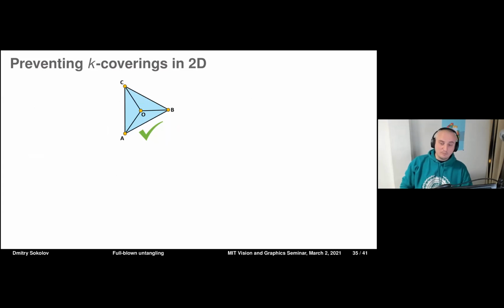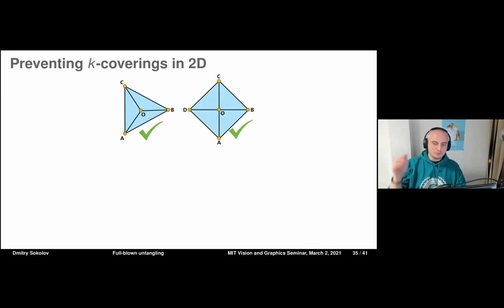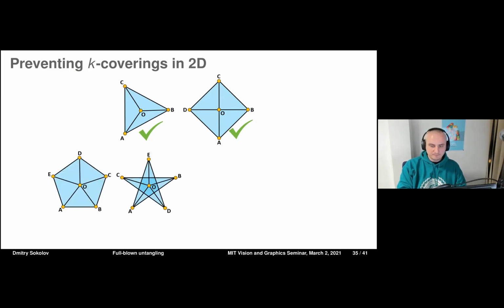How to fix the problem? Well, first, let us note that one rings of valence 3 and 4 cannot be deformed to create a twofold covering. For valences 5 and more, coverings are possible. Here is an example of a twofold covering referred to the labels of the vertices.